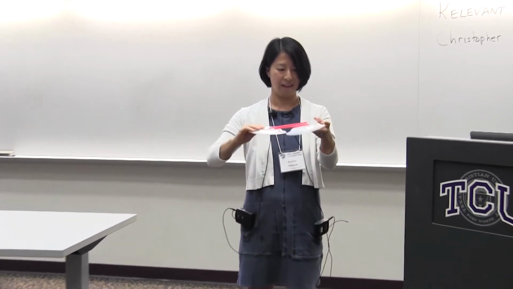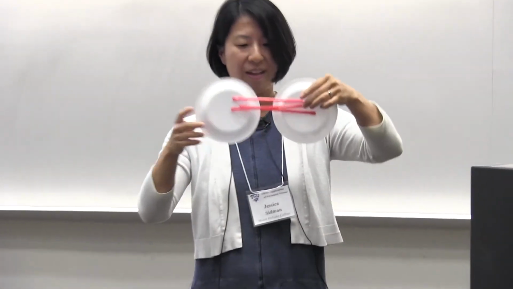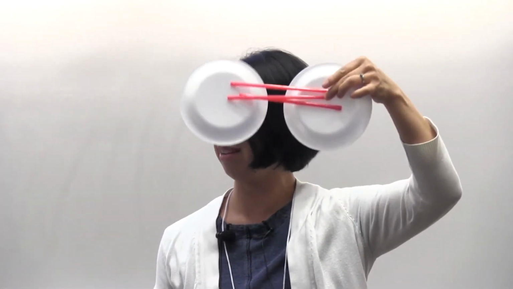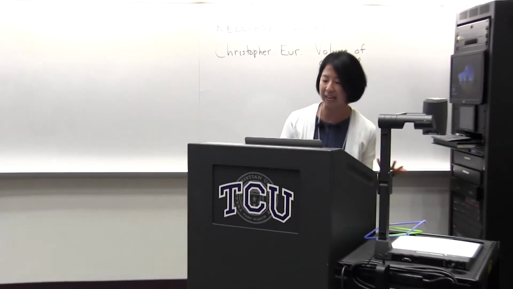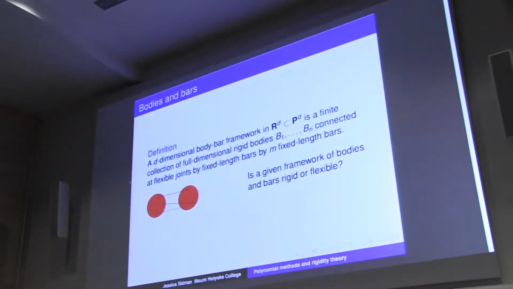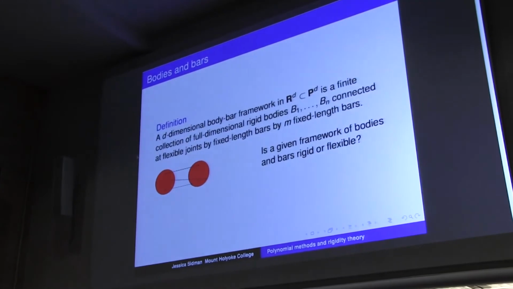Let's do that. This looks pretty rigid, okay? Up to, you know, I've got pins and bars, and it's not a perfect realization of this by any means. Okay? And so the question we ask is the same question: is a given framework of bodies and bars rigid or flexible?